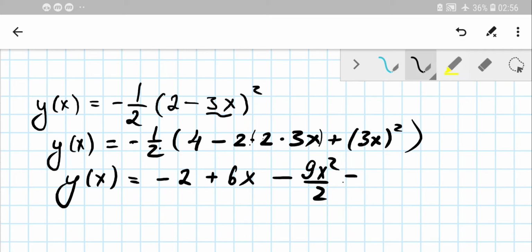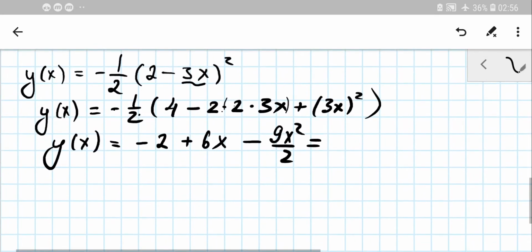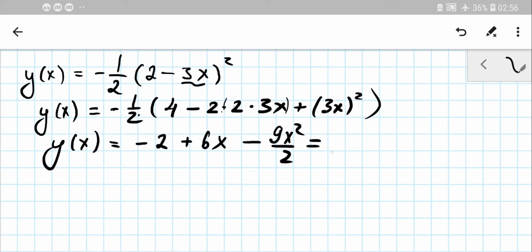Now we need to arrange. Before I figure out coefficients, we need to get the standard form, so the leading term should have the maximum power. So we arrange negative 9 over 2 x squared, then plus 6x and minus 2.